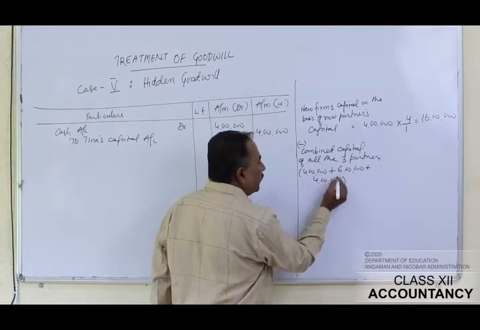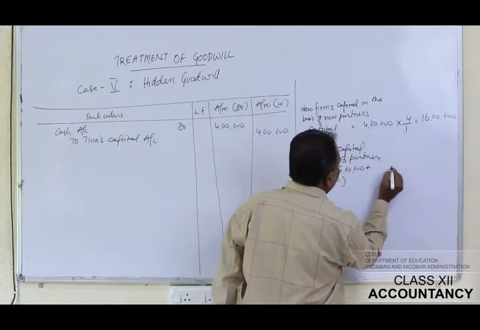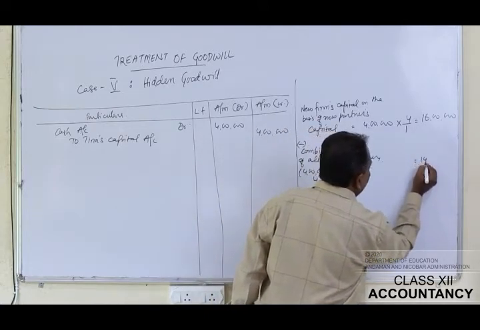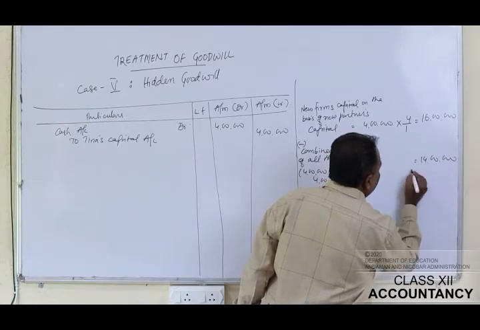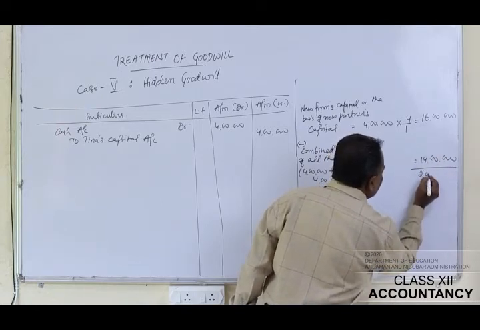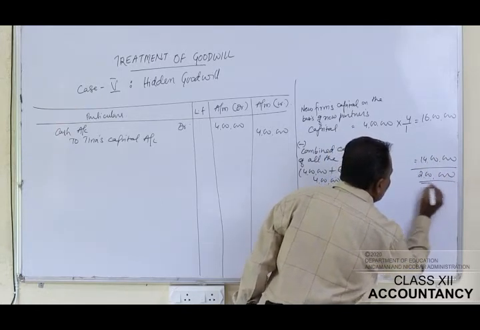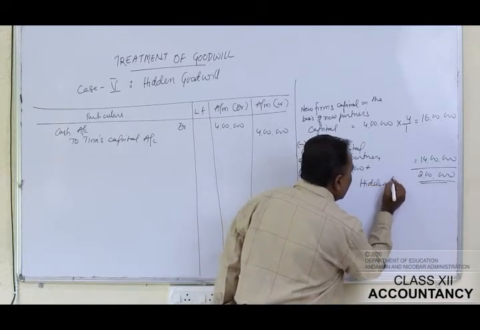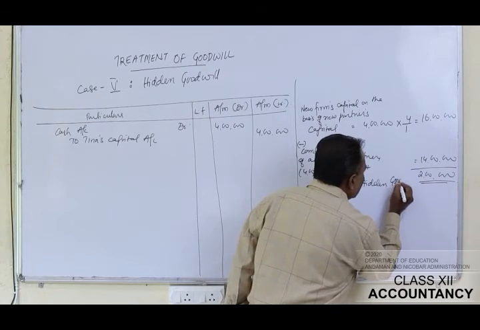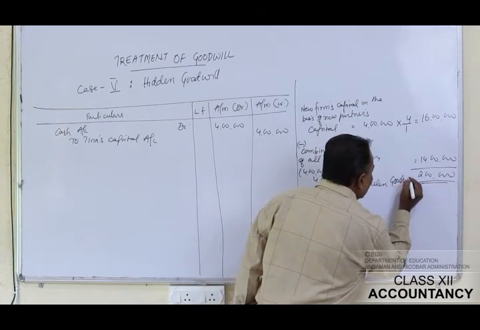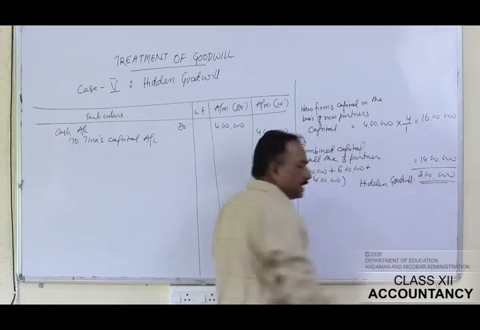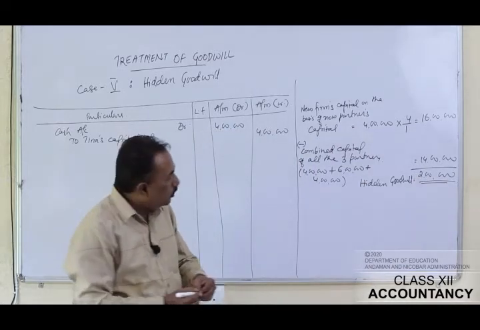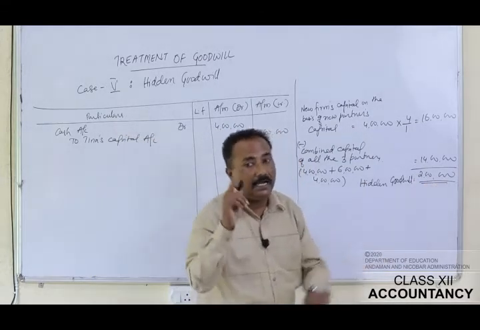If you add all these 3 figures, you will get rupees 14 lakh. Subtract this figure, the balance is rupees 2 lakh. So, this 2 lakh rupees is the amount of hidden goodwill, or you can say that this is the amount of goodwill. This goodwill is the goodwill of the entire firm.